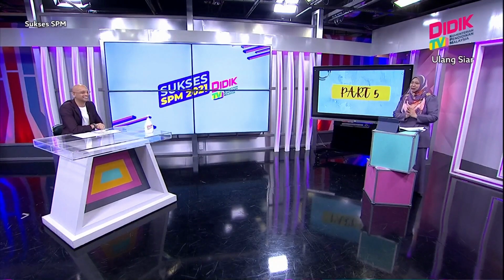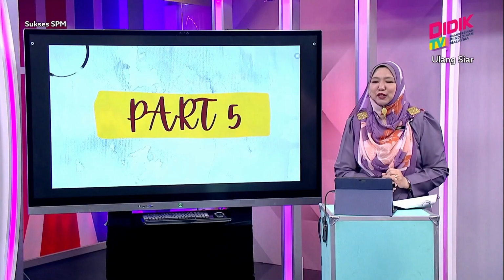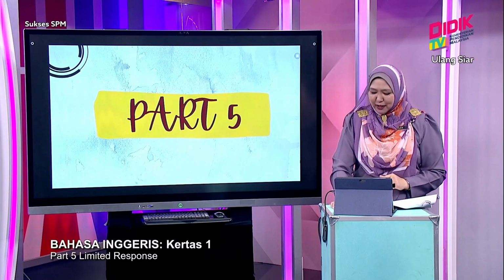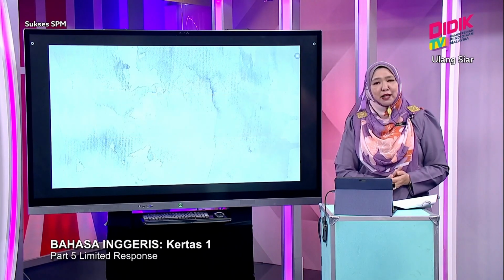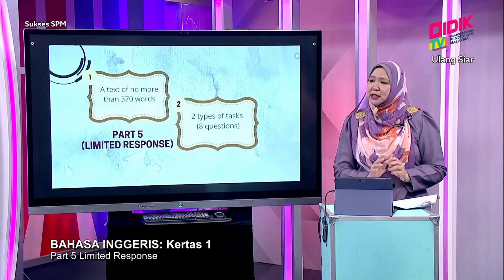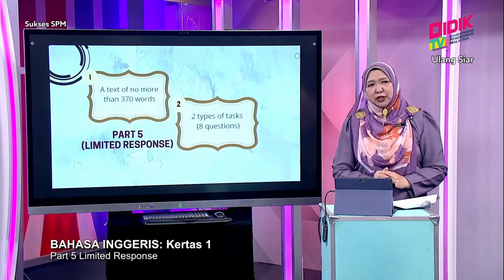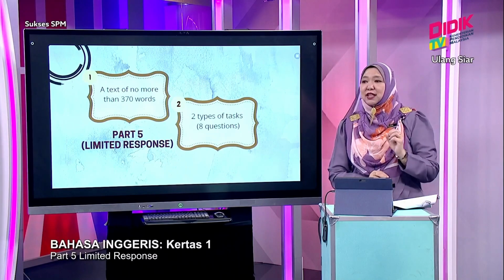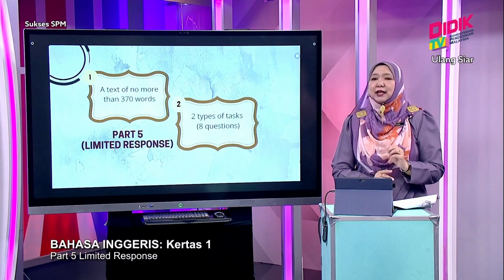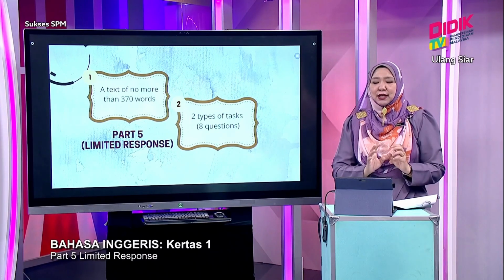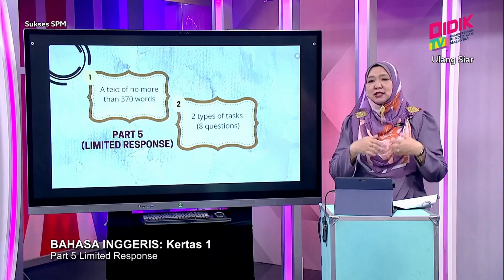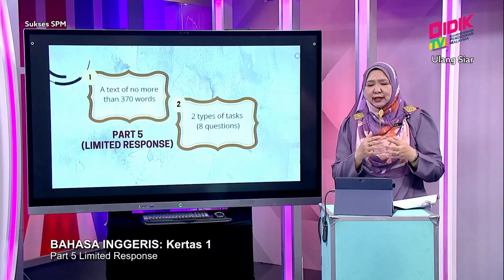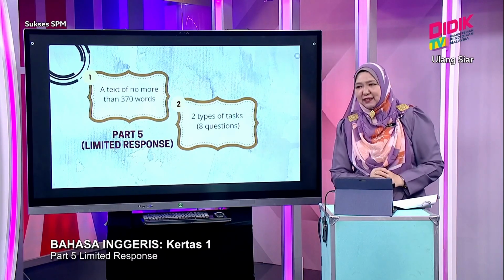So we come to the last part of our Paper 1, which is Part 5. Now, what is in Part 5? Part 5 has a limited response question. Here you will be given a text of no more than 350 words, and usually there are comments and opinions of people regarding a topic.